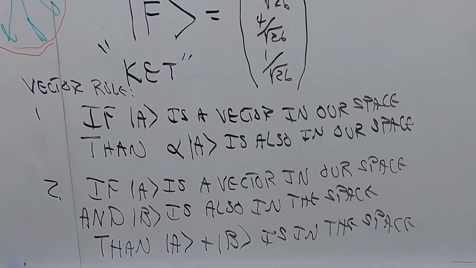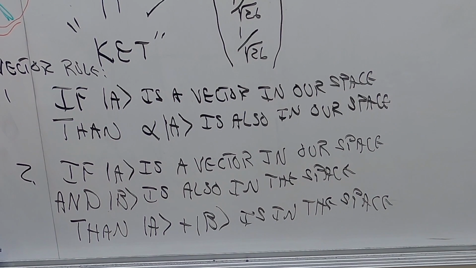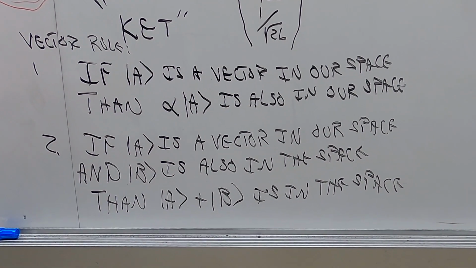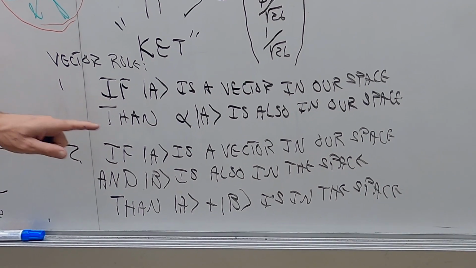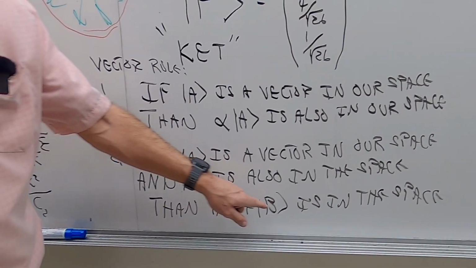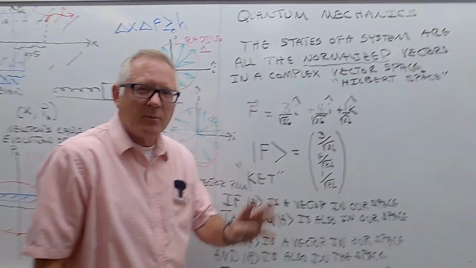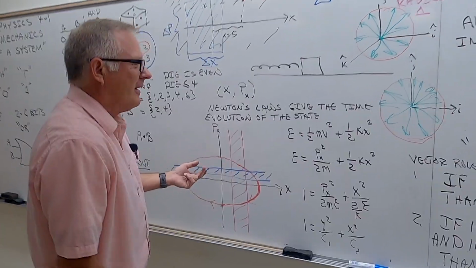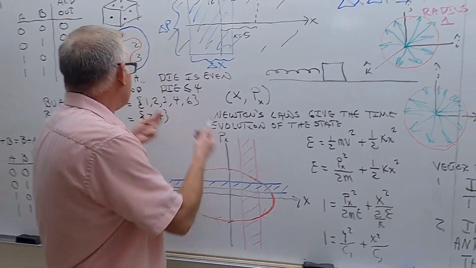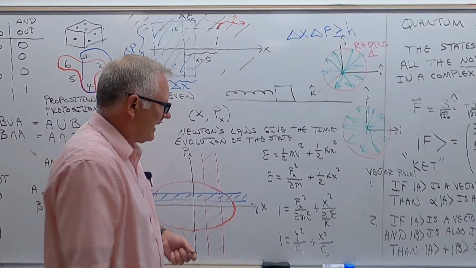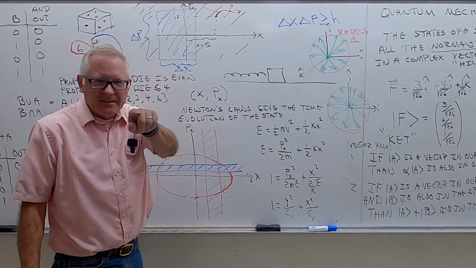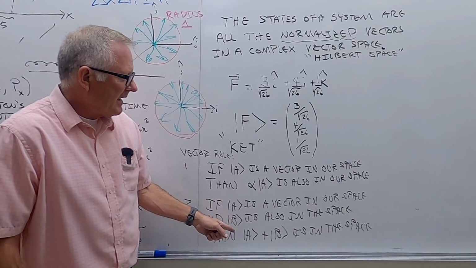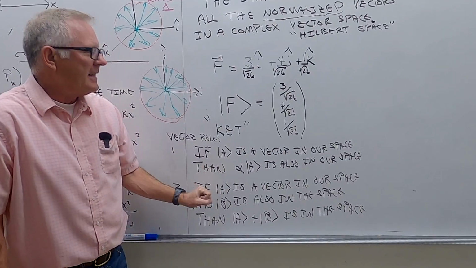Remember, all these are states of a system. So A can happen and B can happen. This is saying that if A can happen and B can happen, then A and B can both happen simultaneously. That's a lot different than in classical mechanics, where you can't say the ball is here and there at the same time.